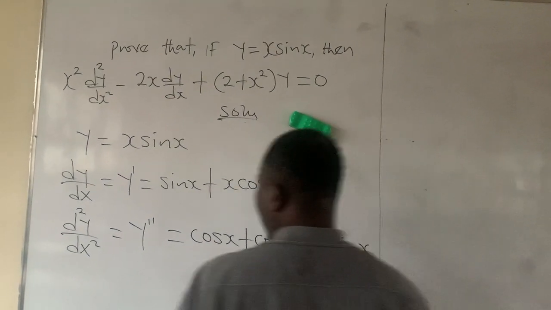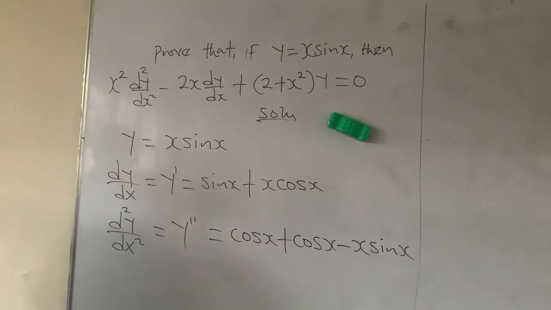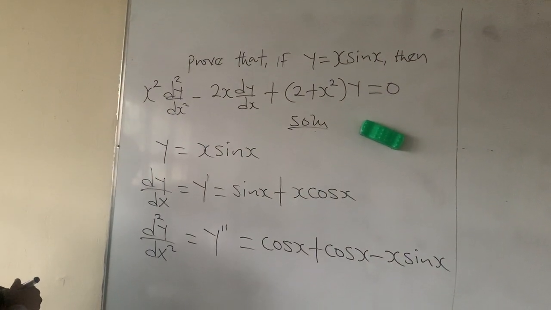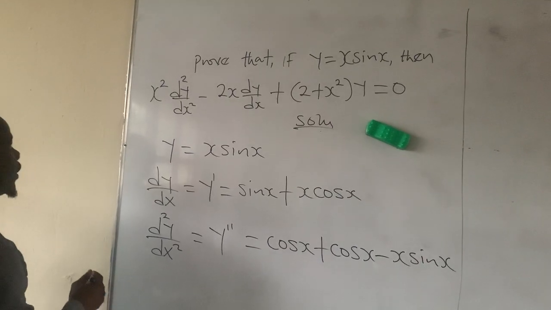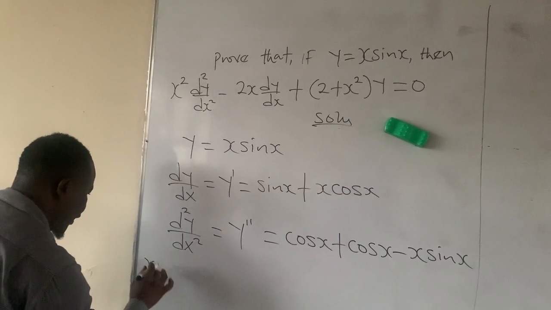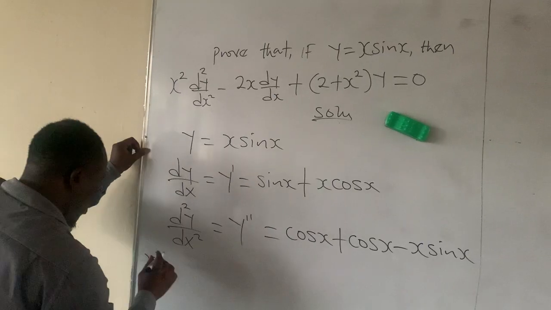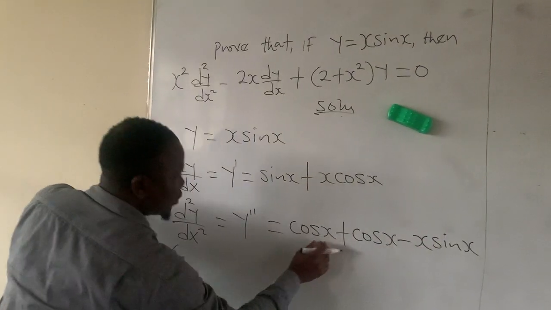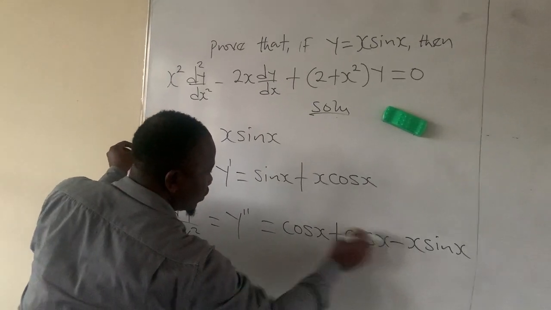Are you following? Okay, let's do it here. We have here x squared. So if you agree with me, we'll write x squared, all in brackets, and instead of this, we'll write down this cos x plus cos x.